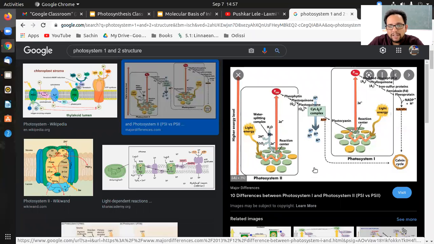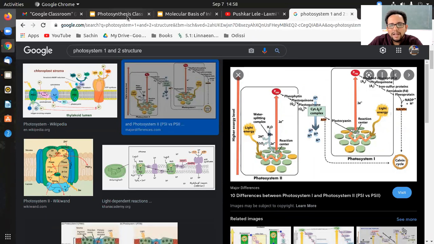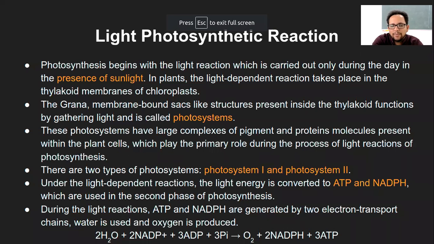So it is a complex of proteins. Similarly, photosystem 1 is also a complex of proteins, which ultimately gathers all the light received by the thylakoid structure, transfers it to the chlorophyll pigment, and excites the electrons, which then causes the further reaction.